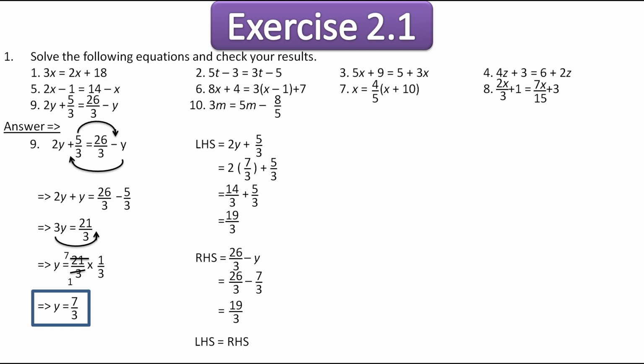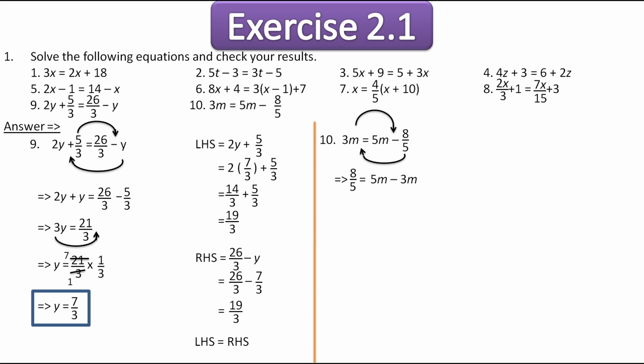Now let's solve the 10th one, that is 3m is equal to 5m minus 8 upon 5. Now what we will do, we will send this 8 upon 5 to the left hand side, and we will send this 3m to the right hand side. Okay, so what will become 8 upon 5 is equal to 5m minus 3m. Okay, 5m minus 3m is what? 2m.